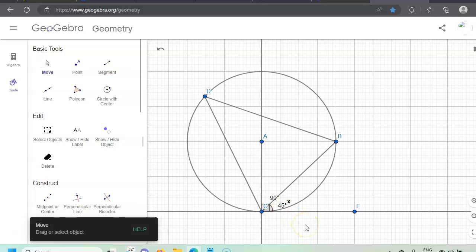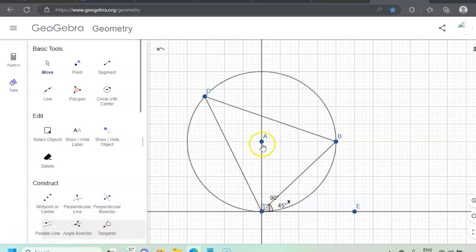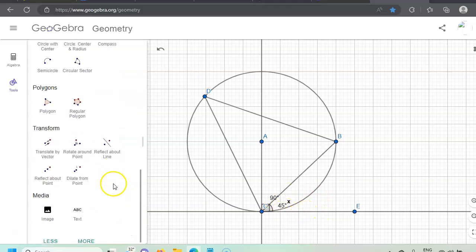Okay, and then we are now going to measure angle ACB. And we all know that ACE is 90, so angle ACB will be 90 minus x.